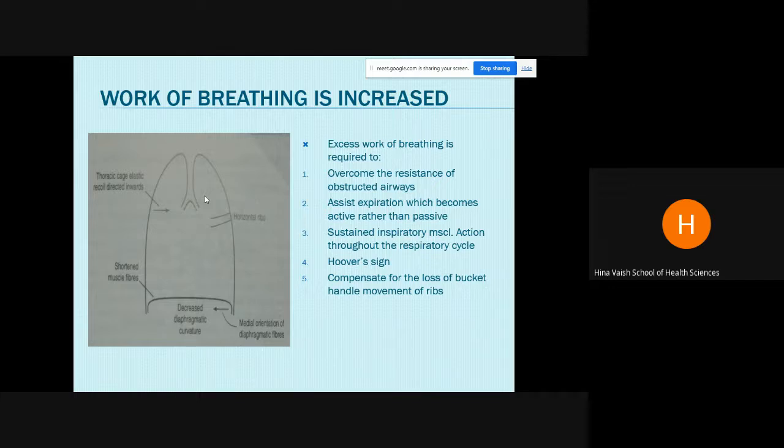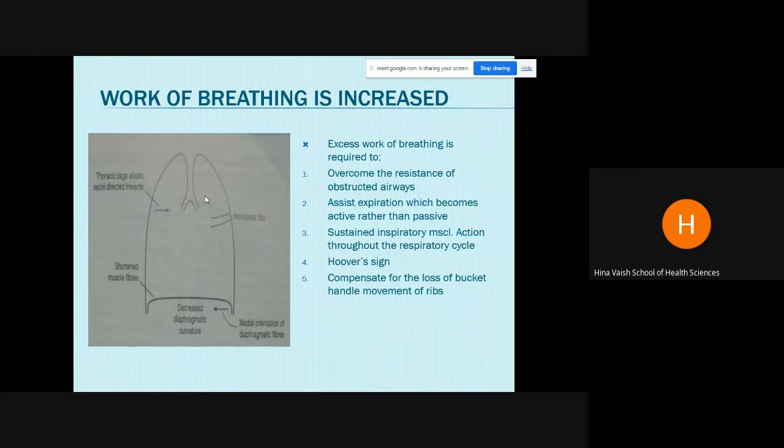So there is a certain amount of work of breathing happening in all of us. But here the work of breathing is increased. That increase is because of the obstruction, so the resistance in the airways is further increased. Number one, the work of breathing increases to overcome the resistance of the obstructive airways, because of the mucus hypersecretion and the inflammation which is happening.